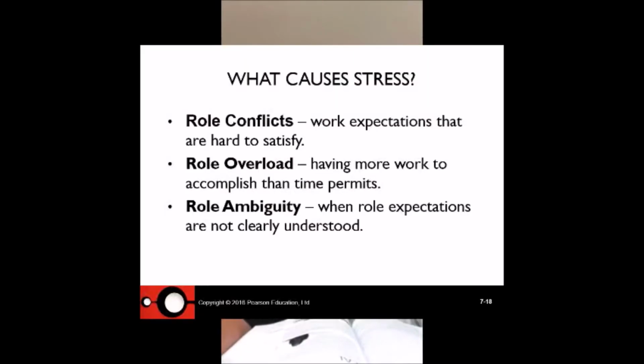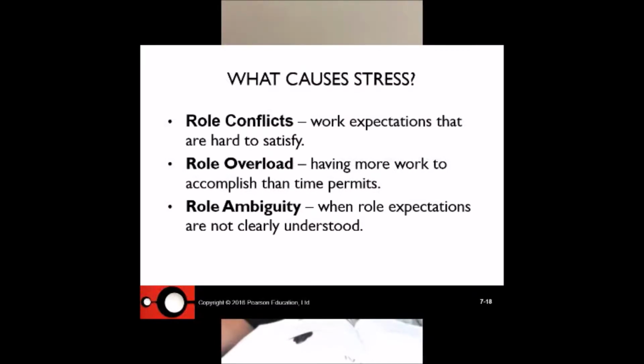There are three causes of stress: role conflict, role overload, and role ambiguity. First, role conflicts create expectations that may be hard to reconcile or satisfy. Role overload is experienced when the employee is expected to do more than time permits.